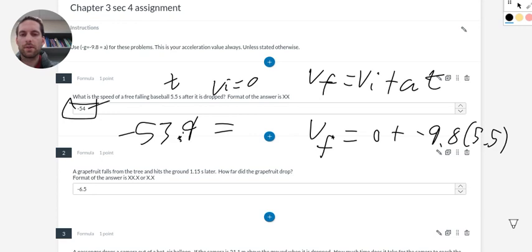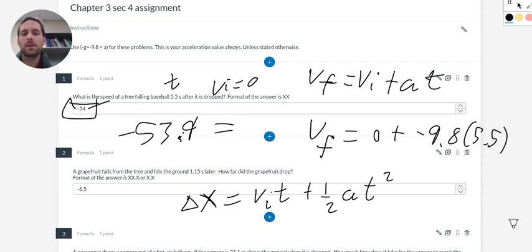So if you want to know this distance or displacement here, we have to use the displacement equation, which equals V initial. It falls from the tree, so it's 0 times the time plus 1/2 A times the time squared. So this is going to go away because V initial is 0. But we still have 1/2 negative 9.8 times the time of 1.15.